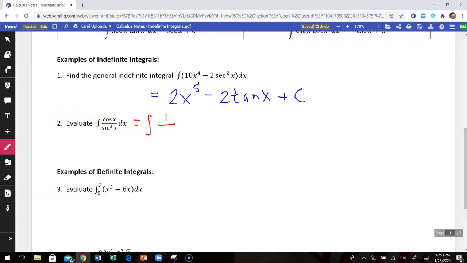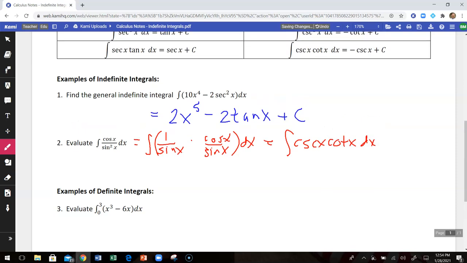So I want to think of this as 1 over sine x times cosine x over sine x, all of that dx. Which means 1 over sine x is cosecant x, and cosine x over sine x is cotangent x.